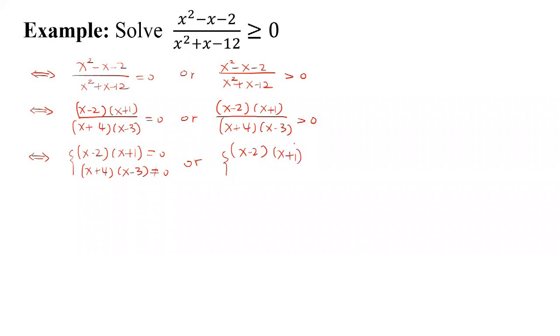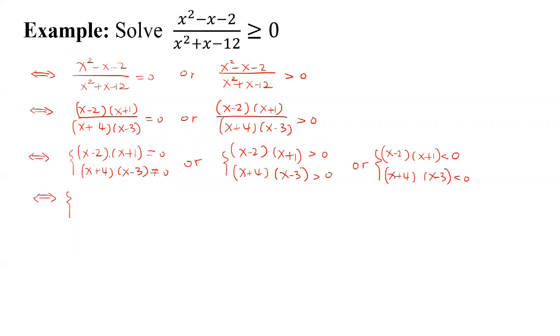So we could either have a positive numerator and at the same time a positive denominator, or we can also have a negative numerator and a negative denominator, right?